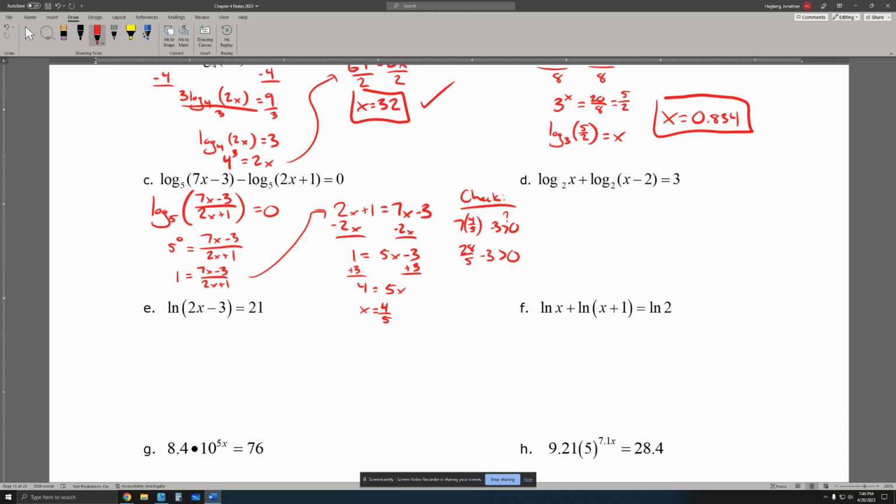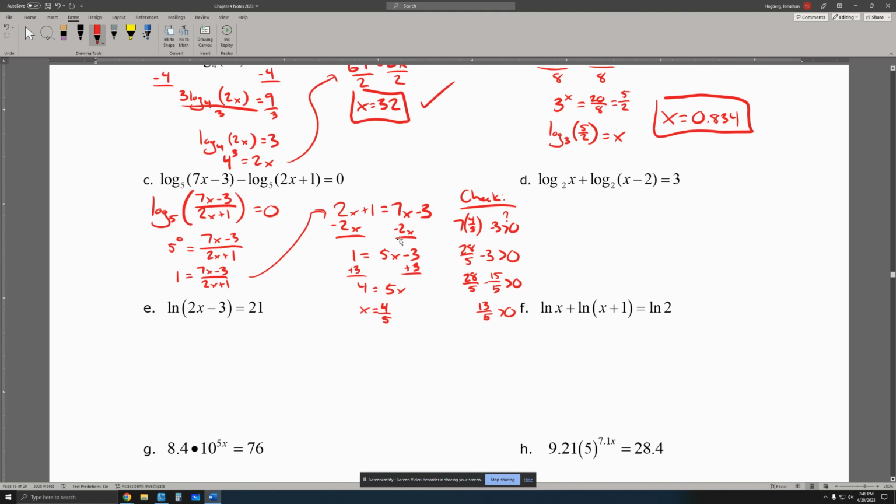I can already see that this is true, but if you wanted to take it one step further, this would be 28/5 minus 15/5, and then I can see that this is 13/5. So that first argument is fine. That is greater than 0.